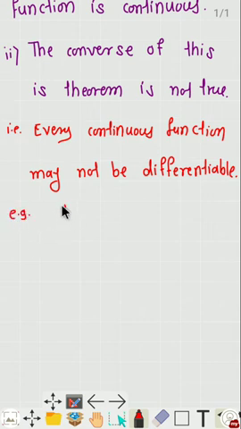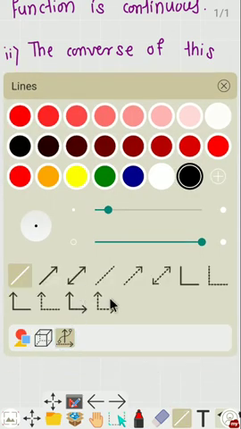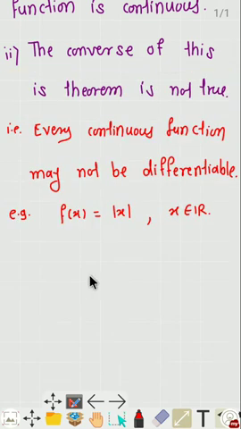For example, consider the function f of x is equal to mod x function, defined for all real numbers. Okay, and we know the graph of this function. We try to draw the graph of this function.